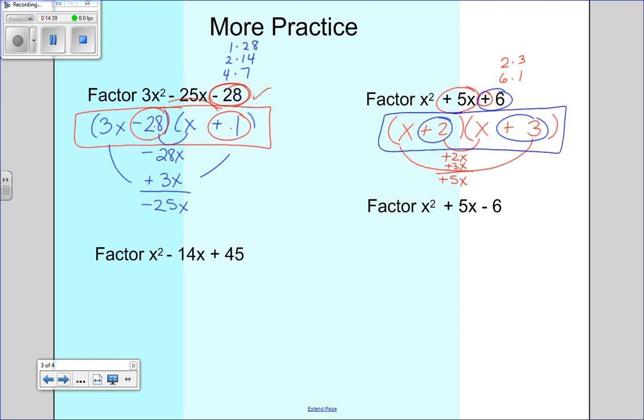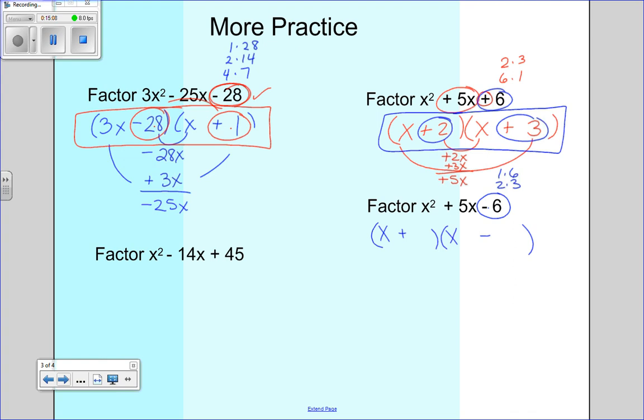But look at the problem below it. We have a minus 6. That means that we're going to have alternating terms to get that negative 6 as our last times last. So x squared is easy, x times x. Then we're going to either use 1 times 6 or 2 times 3. But we know we need alternating signs so that that last one is a minus 6.